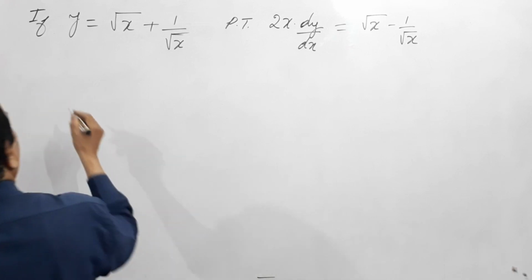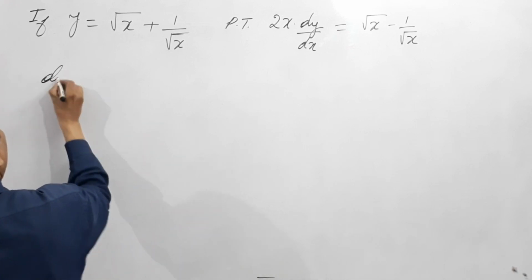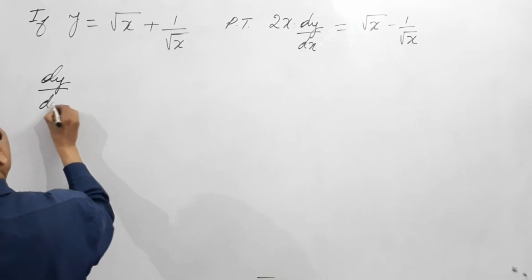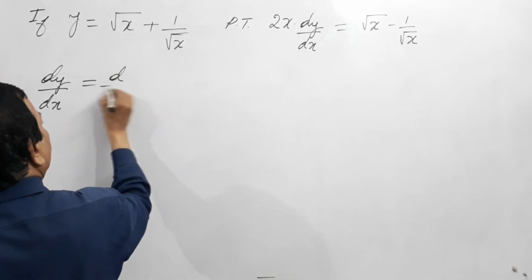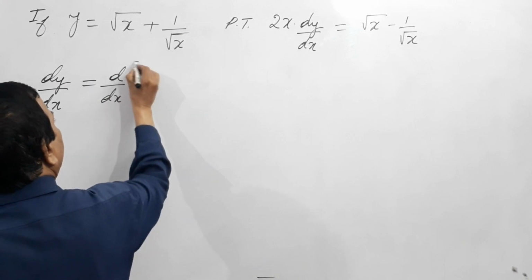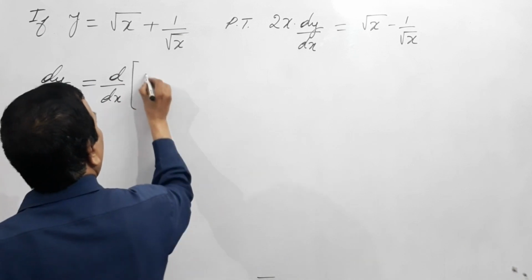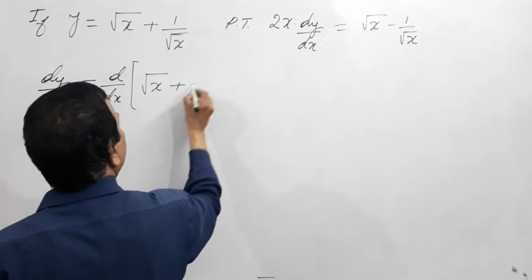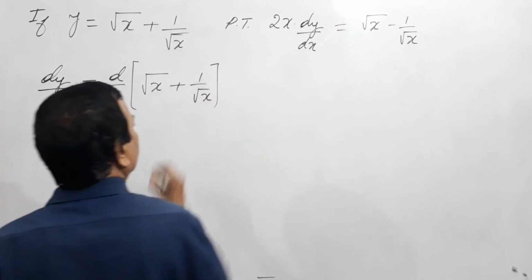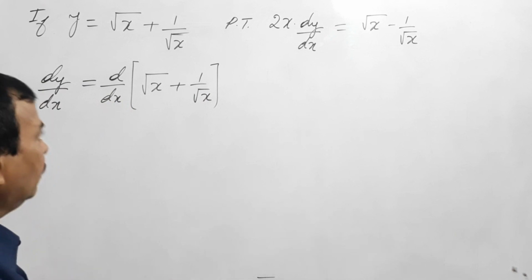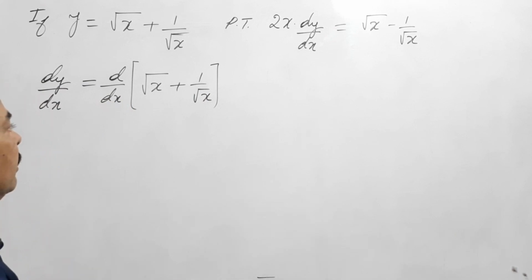So what we'll do? Differentiate, that is dy by dx equals to d by dx of under the root x plus 1 by under the root x. So what is the easiest way to solve this?